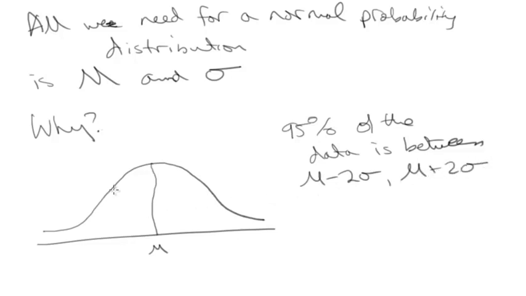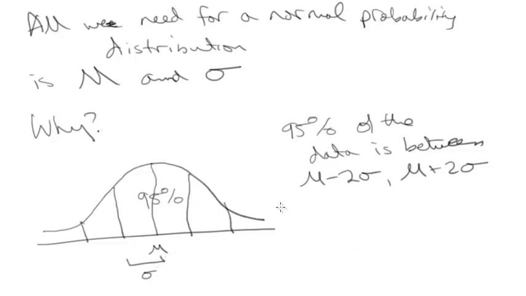So if I go down 1 standard deviation and then down another standard deviation, and I go up 1 standard deviation and up another, I'm going to cover almost all of the graph. What we have here is 95%, which also translates into 95% of the probability being in that part of the graph.